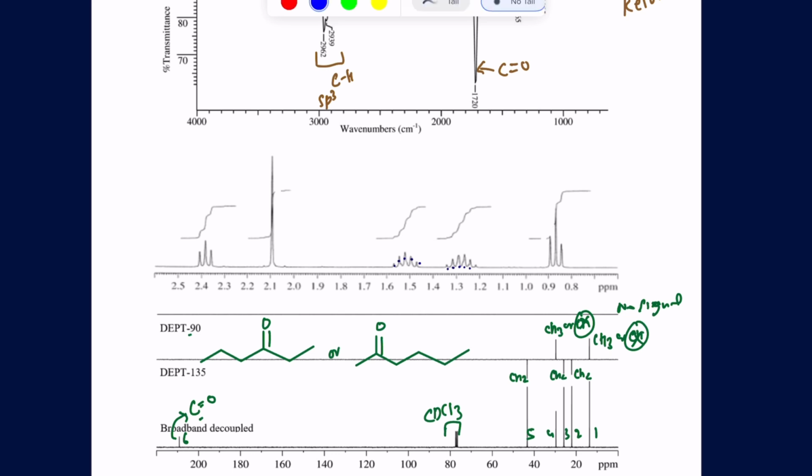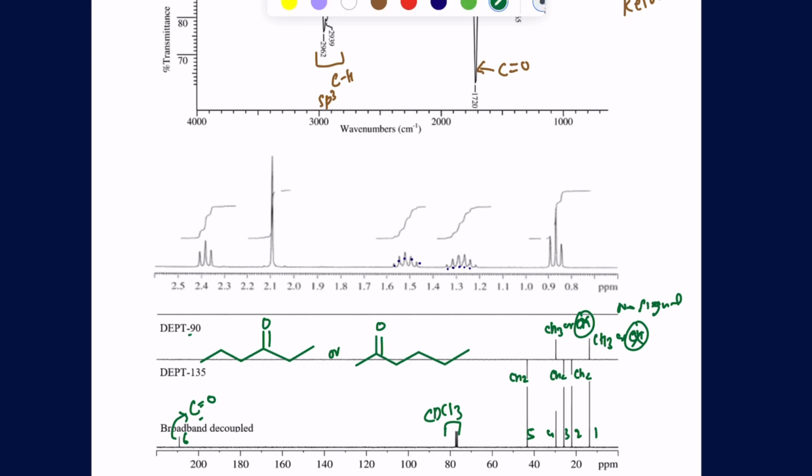Because both of those would actually give you 6 signals. We got 1, 2, 3, 4, 5, 6. Because I don't really see an internal plane of symmetry in there. If you draw the line vertically here, the right side only has 2 carbons and the left side has 3 carbons. Same story here, there's no internal plane of symmetry. And the number of carbons and the number of signals are going to be the same in both of them.